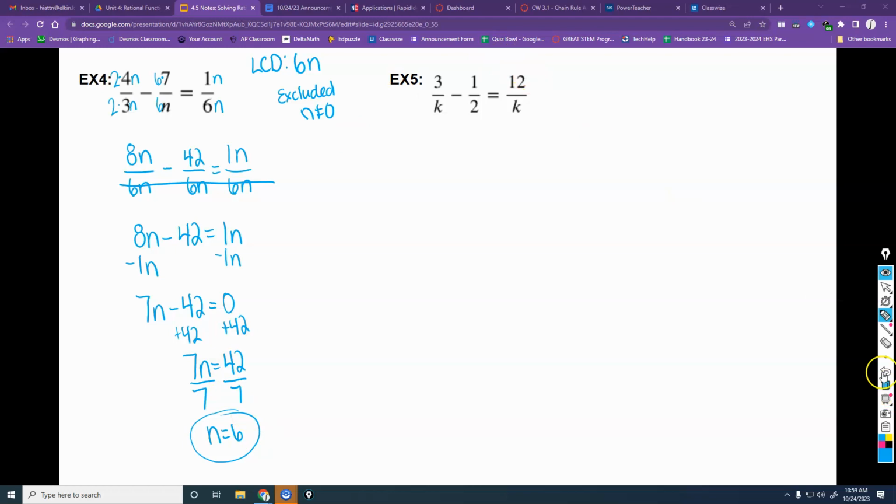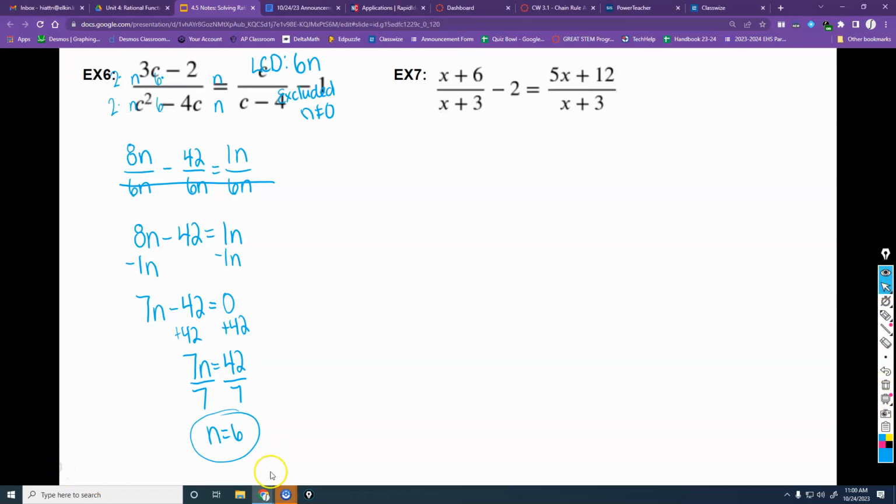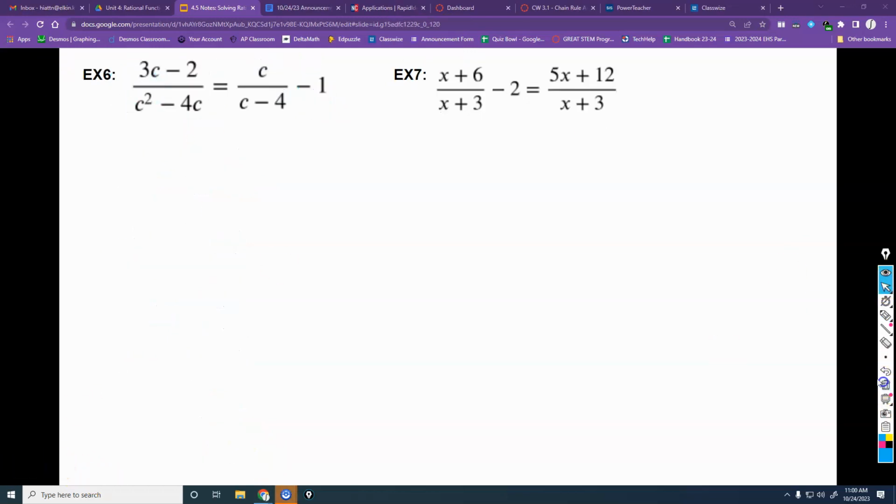All right, I'm going to skip 5 so that you guys have a little time to work on your assignment in class. It's very similar to this one. Let's go to number 6. 6 is a little bit weird because what are we doing over here? Is this a fraction? It is not. Same thing on 7.